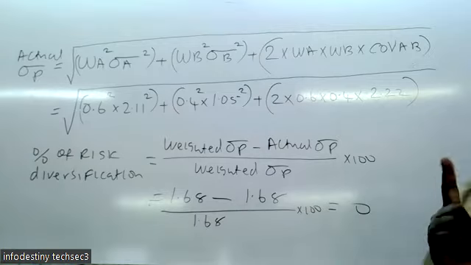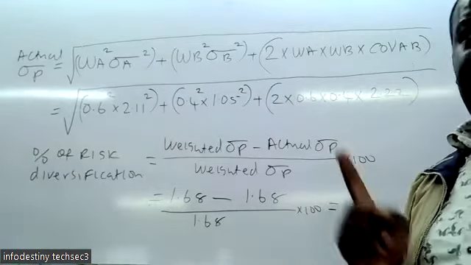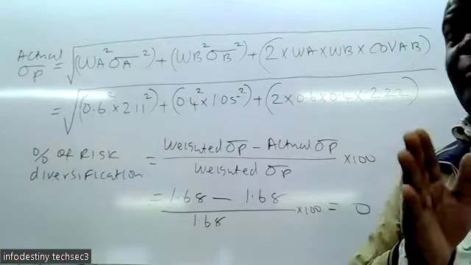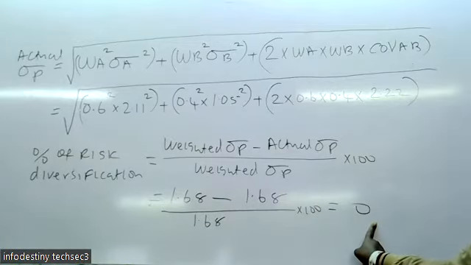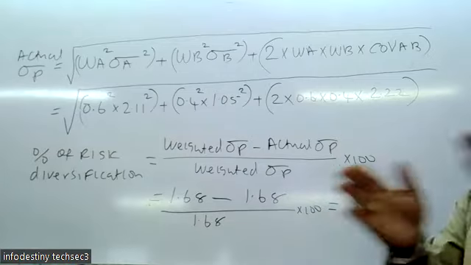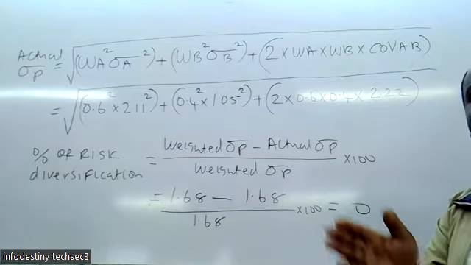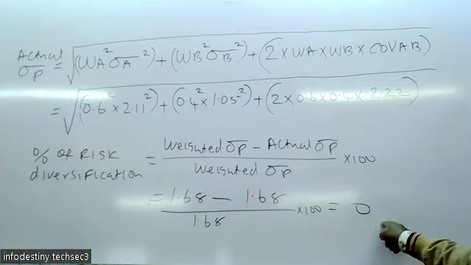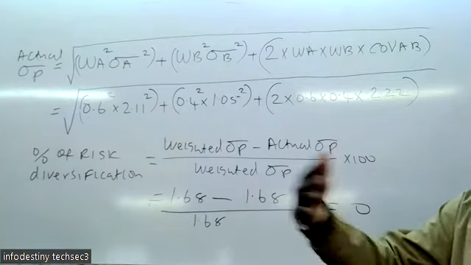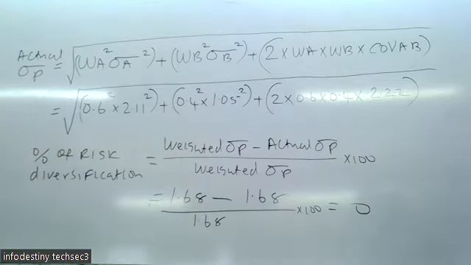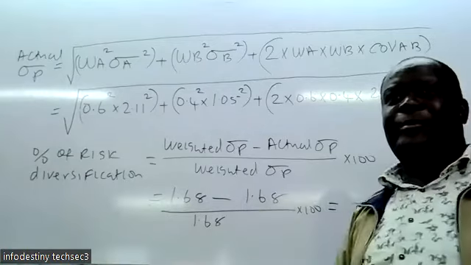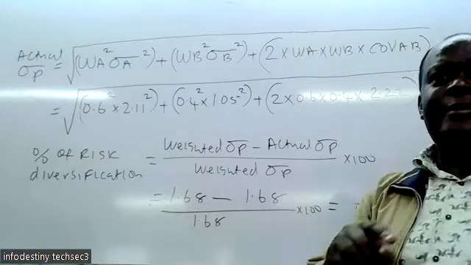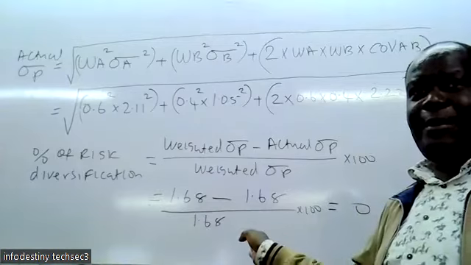But if it happens to be -1, hii itakuja 100%. Then if it is in between -1 and +1, hii figure pia itakuwa in between 0 and 100%. It will not be 0 always. So when it is +1, the two will be the same. When it is -1, one will be half of the other.